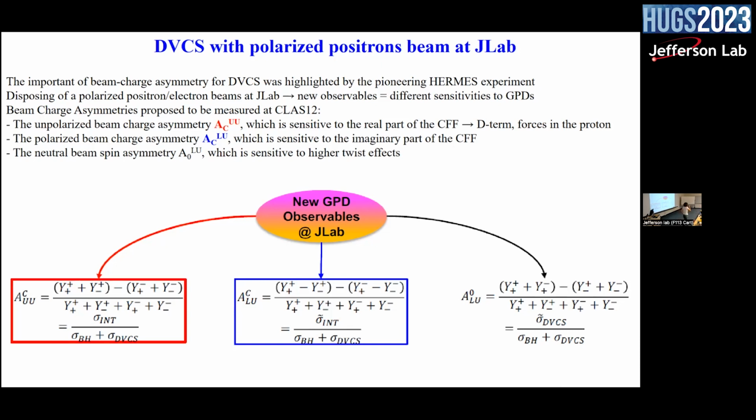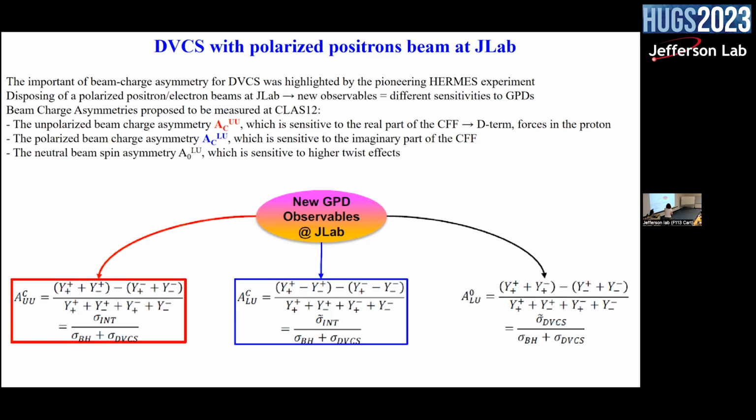I mentioned yesterday, I don't know if you remember, that HERMES was the only experiment that measured beam charge asymmetry using the difference between DVCS with positrons and electrons. And this observable showed a strong sensitivity to the real part of H, which again we need for the D-term, for the forces, and so on.